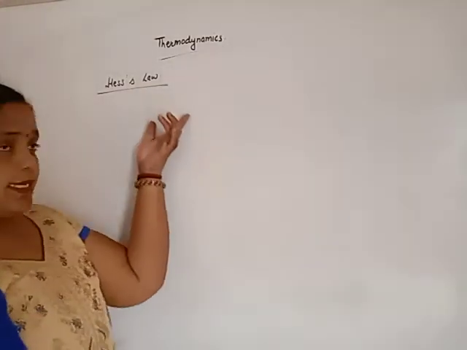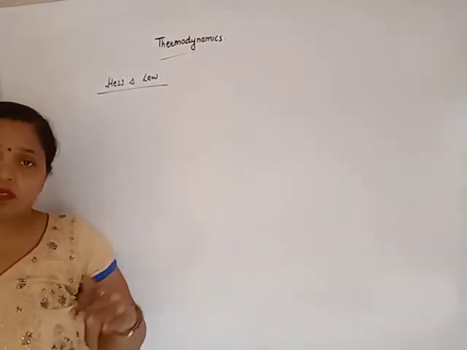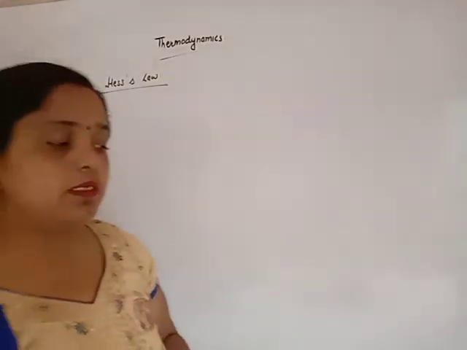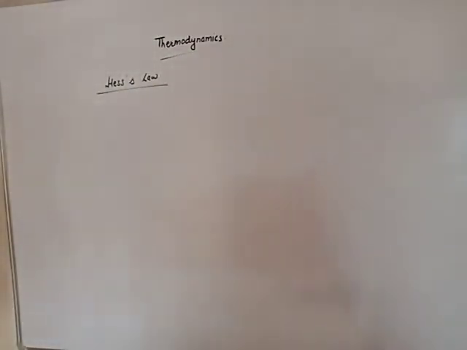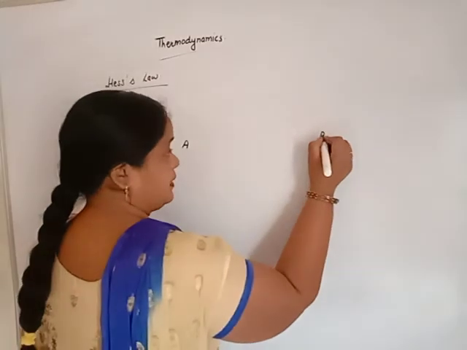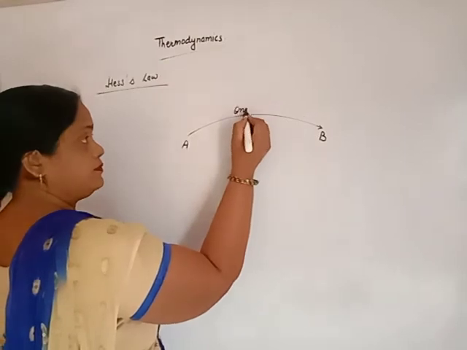This law says that when a reactant changes into product either in a single step or in a number of steps, the total amount of enthalpy change remains the same. For example, you have A, and it changes into B in one step.